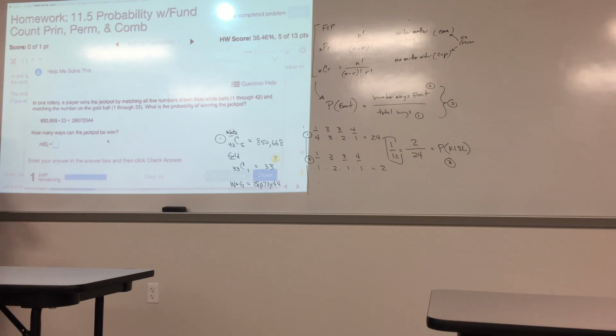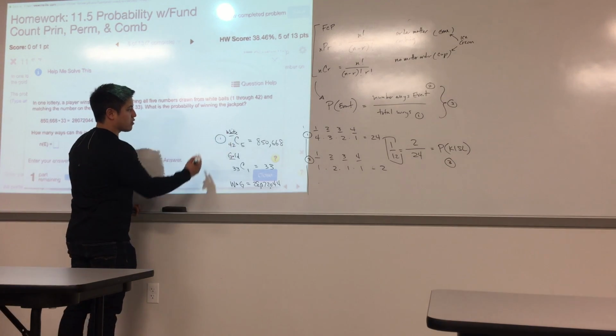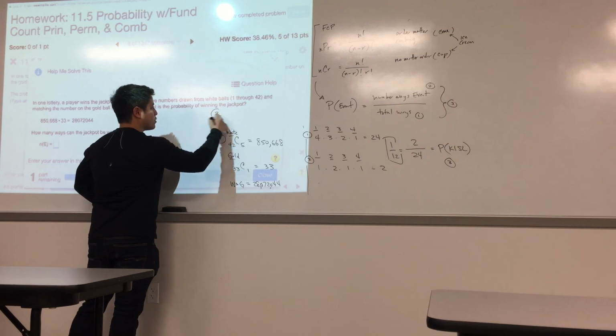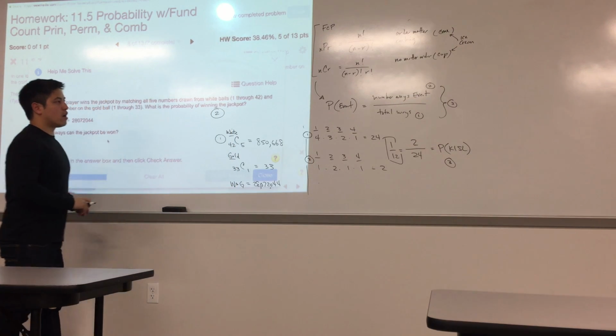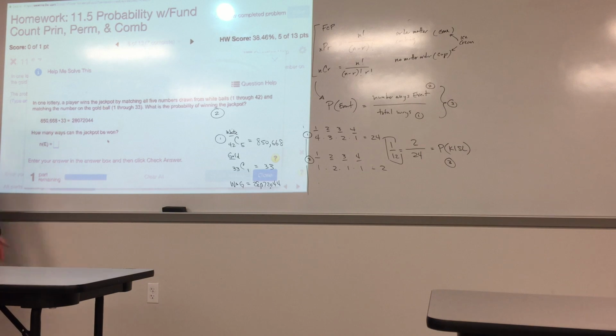Well, what do you have to do? Find your denominator. Well, we found the denominator. That's it right there. So now we're on to step 2. I should have left a little more space. Why don't I just come up here for step 2, shall we? How many ways can you win the jackpot? You have to get what right? Everything.